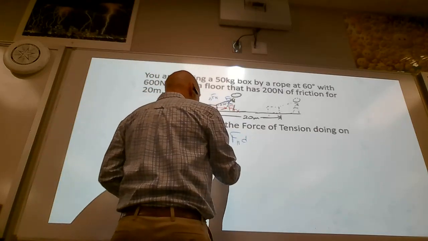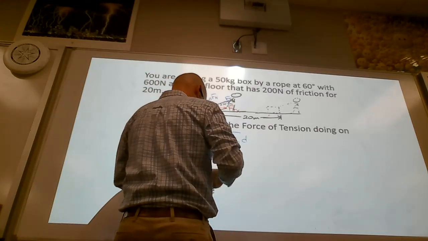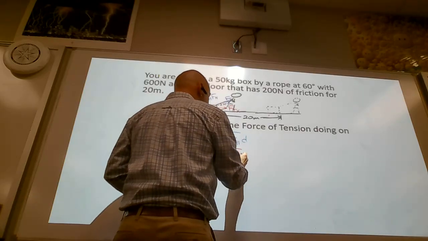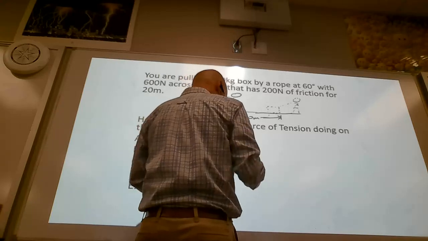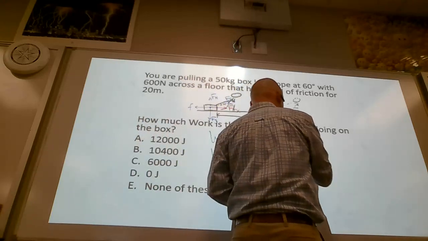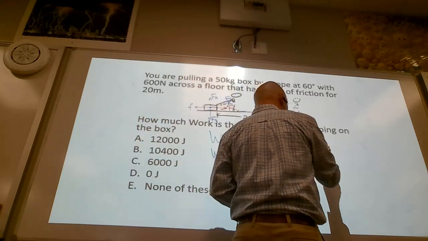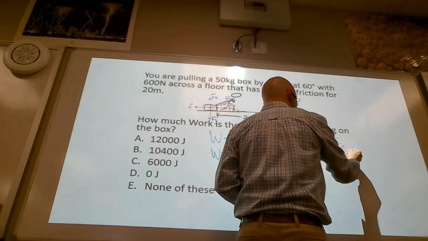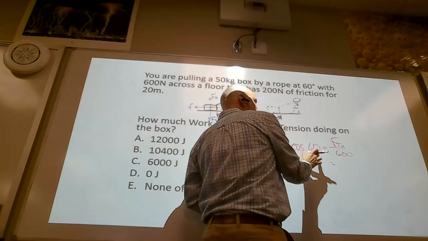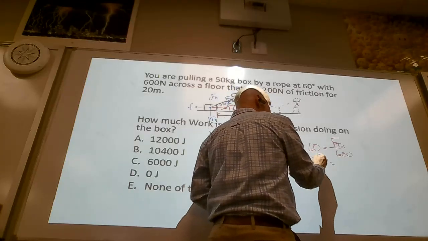So in this scenario, we are looking at FTX times the distance. So FTX, use cosine of 60, is equal to FT times 600, this is 1/2.